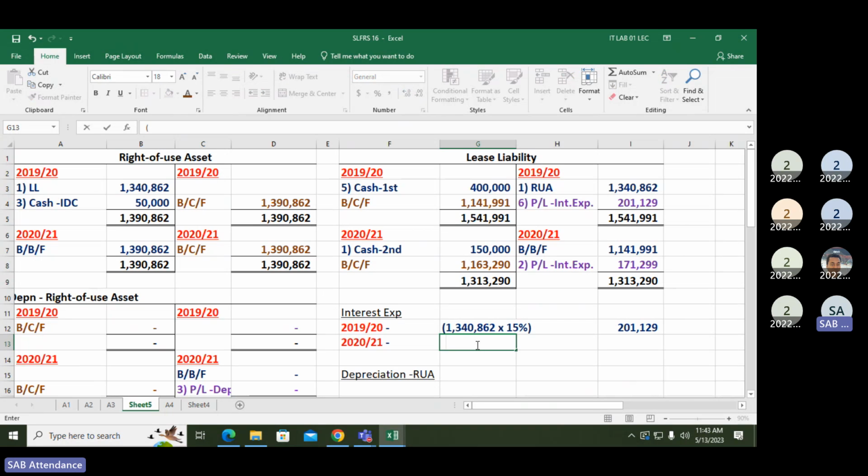Second year, 1,141,991 at 15%. The interest.